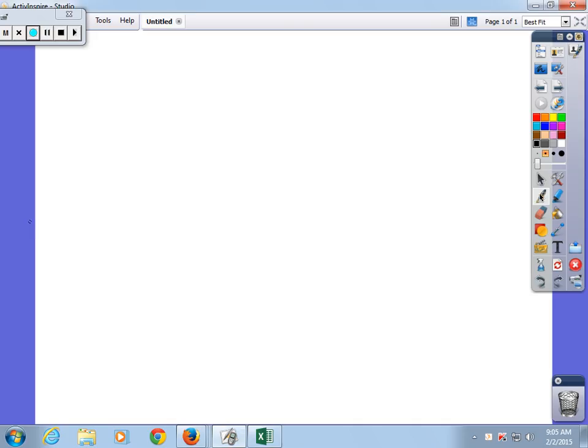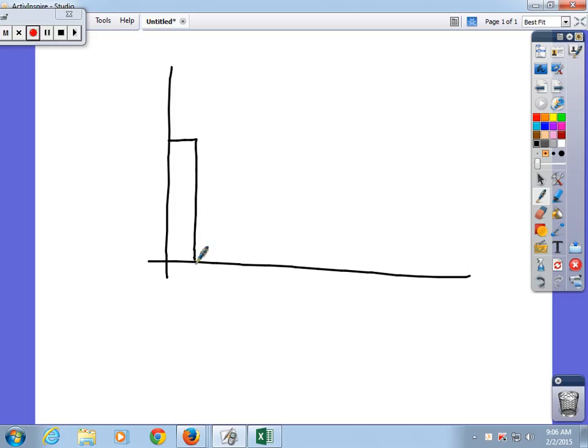I ask you to do a bar chart, and let's say you have data that goes here, a histogram, whatever you want to call it.